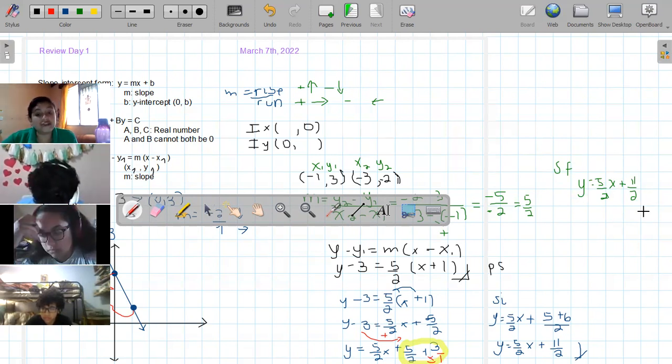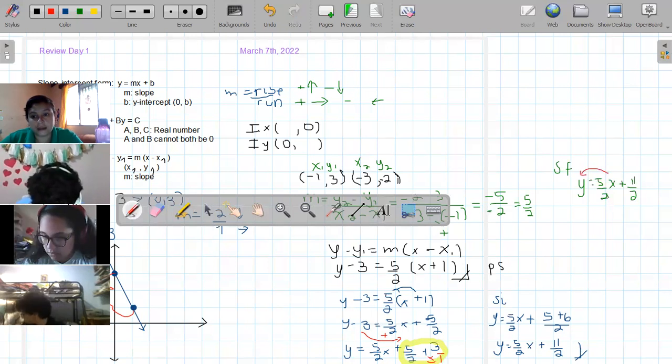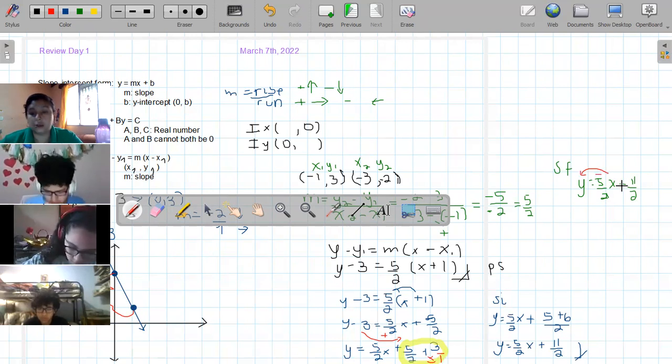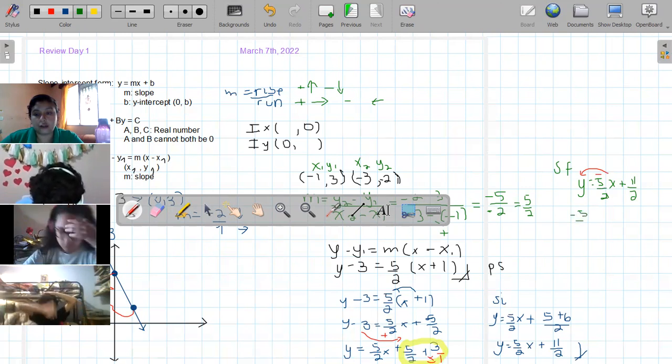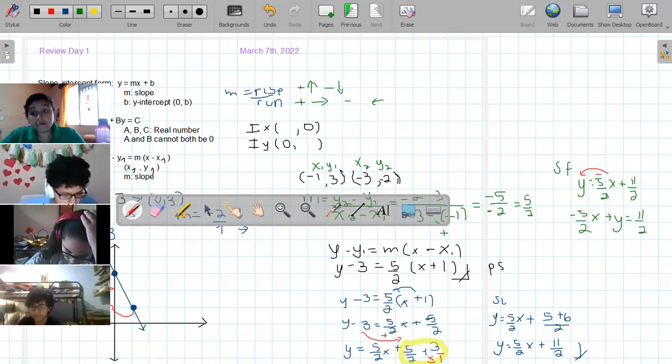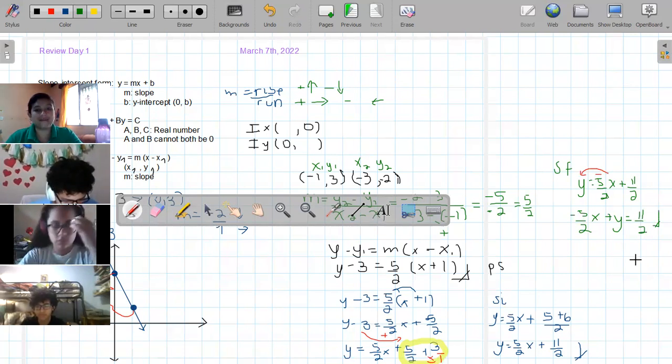It doesn't matter. At the end, you're still going to have the same answer, okay? I'm going to pass this one to this side because it's easier. And it goes negative. So I'm going to have -5 over 2 x. Y is positive, so plus y equals 11/2. And that's it. This is the standard form.